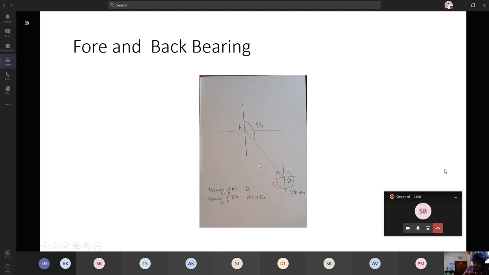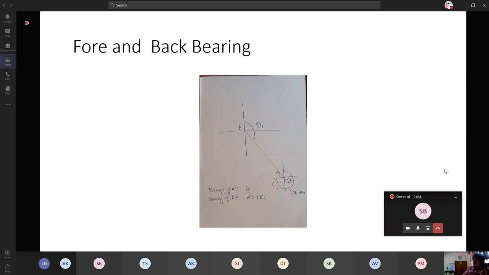The meridians are parallel, so this is your alternate angle. Alternate angles are equal. This is the transversal, and these are the parallel lines. So this angle is theta 1, and the bearing of BA is 180 plus theta 1.